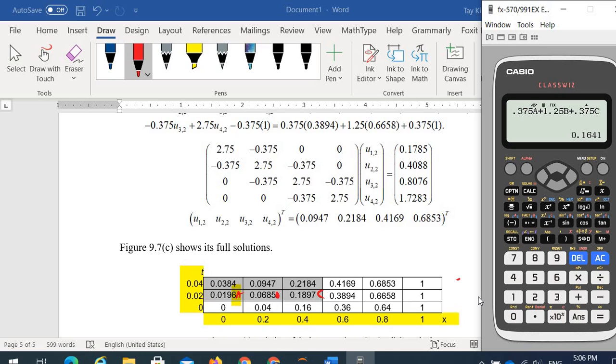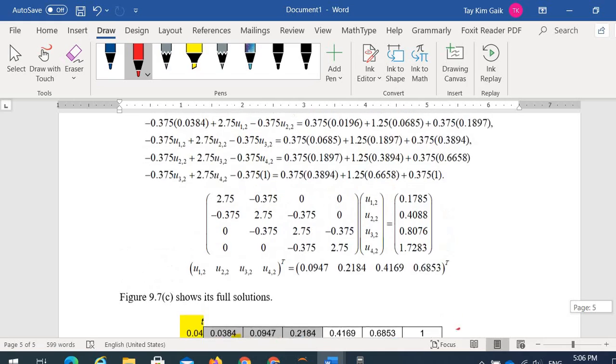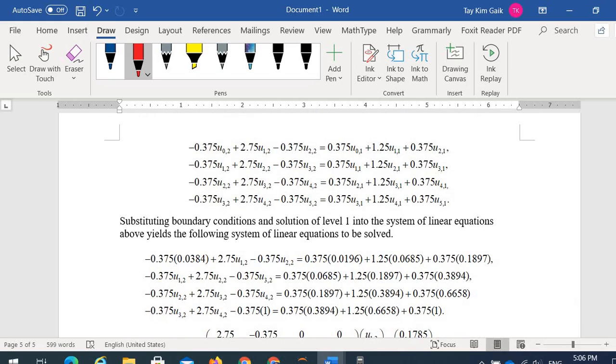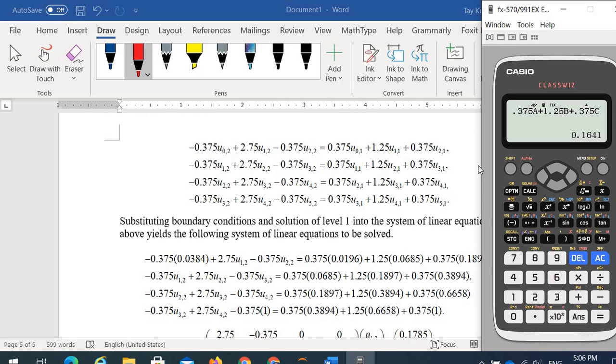Here you have negative 0.375 times this one, which is actually your boundary value, U02, which is 0.0384. Okay, at the first and the last equation, you have to be careful.